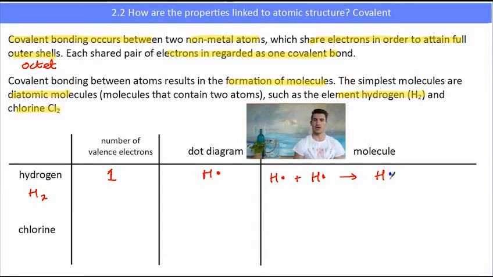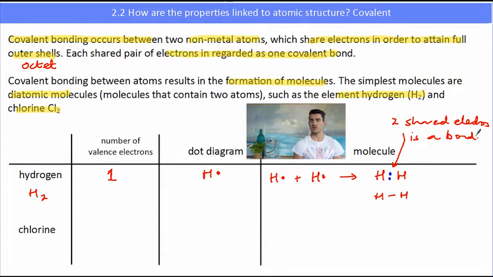So between the two hydrogens we have two electrons, which gives us a single covalent bond, which we write as H-H. Two shared electrons, one covalent bond. In this arrangement, both the hydrogens now have a full outer shell.